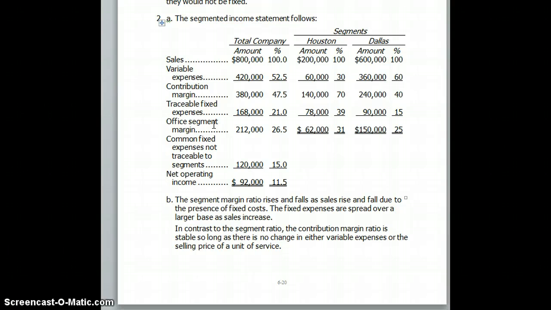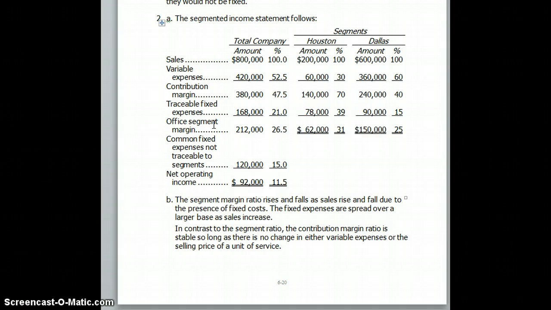Basically, the segment margin ratio has risen as a result of the rise in sales, and also the fact that fixed costs have remained the same. These fixed costs are spread over a larger base as the sales revenue has increased. The contribution margin ratio is stable as long as there's no change in variable cost.